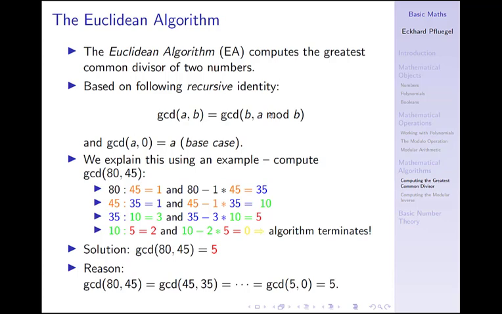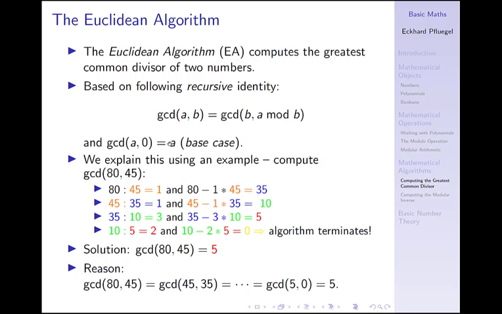So if you think about this, then what it means is that the input is actually reduced in size. So eventually you'll end up in a situation where the second argument becomes 0, and then you can clearly see that the GCD of a and 0 is a, so you're done, which we sometimes call the base case when you have a recursive definition.